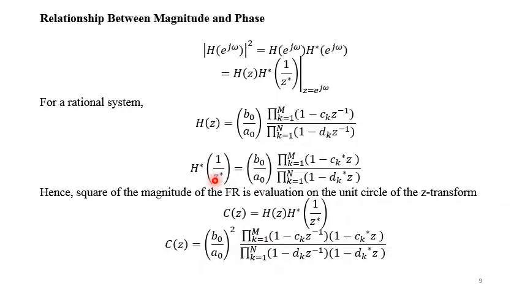I hope that's straightforward, going from H of z into H star of 1 over z star.